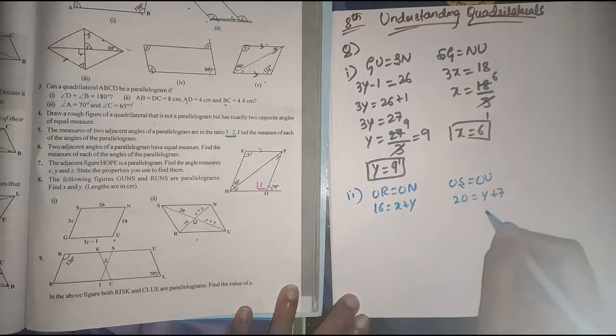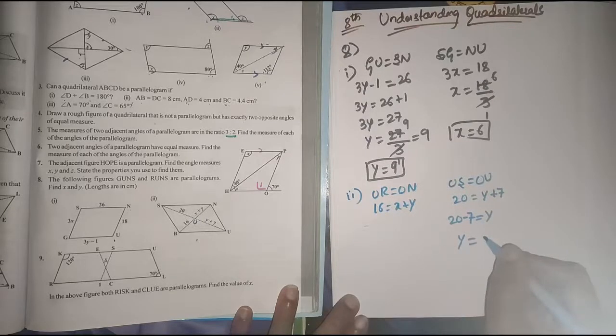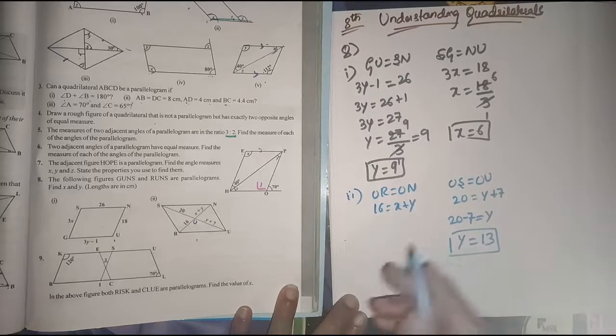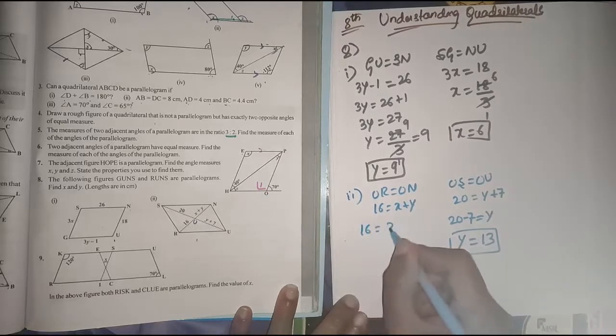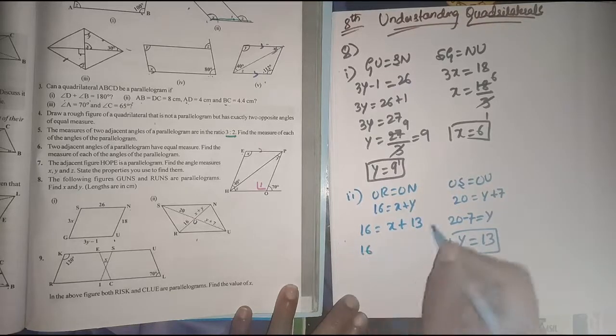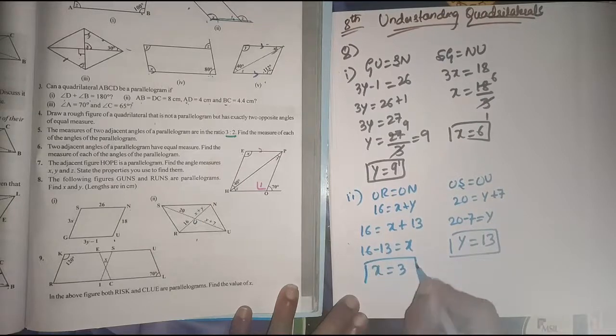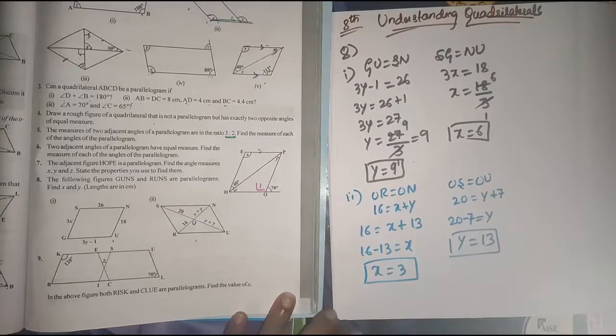Writing y here: this is 20, so 20 minus 7 gives y equals 13. Now I put the y value here: 16 equals x plus 13. Then x equals 16 minus 13, which is 3. This is the value of x.